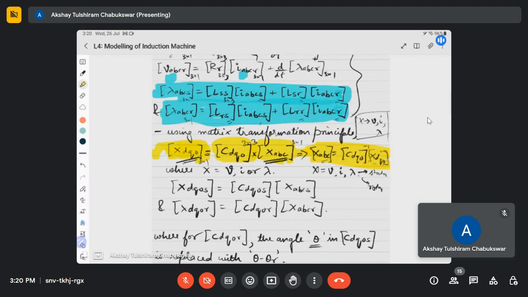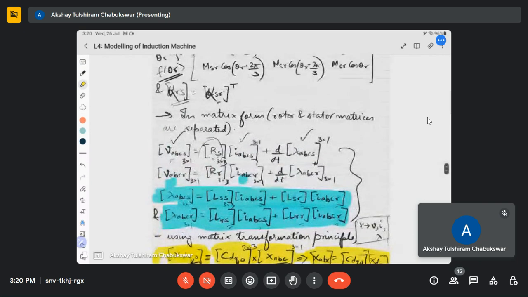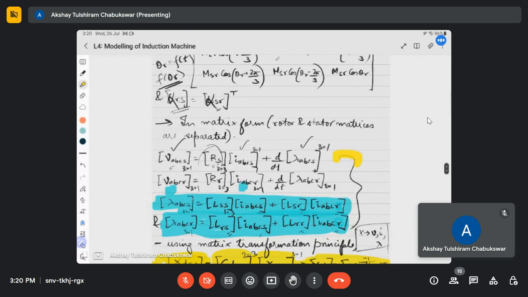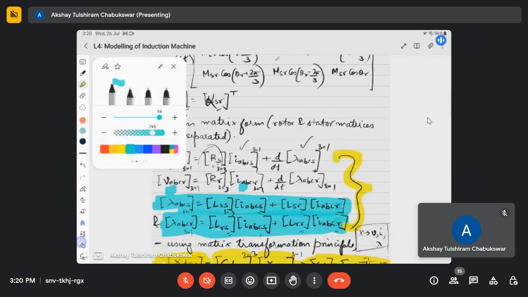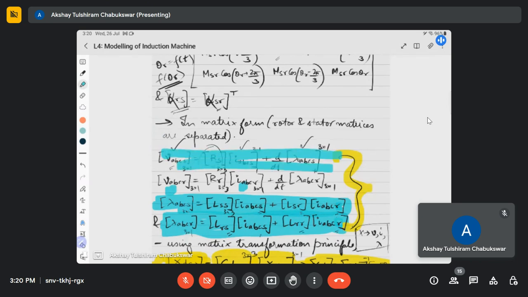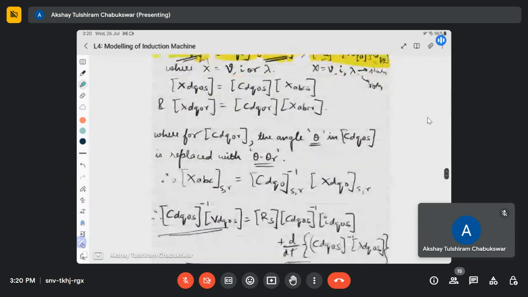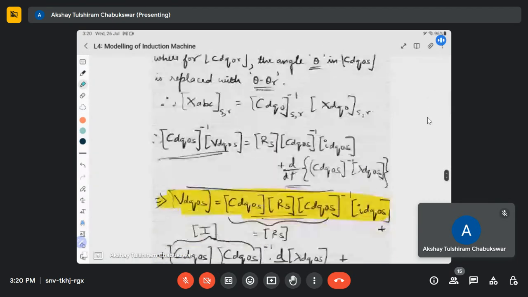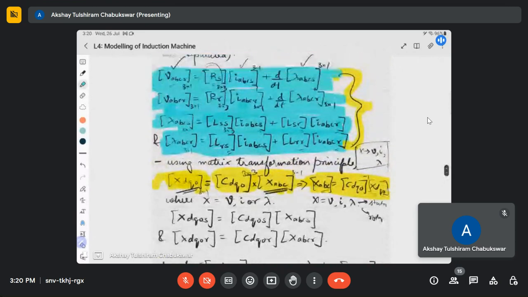So substitute this in the above four equations, the equations highlighted in blue. You have to substitute this in these equations and solve.